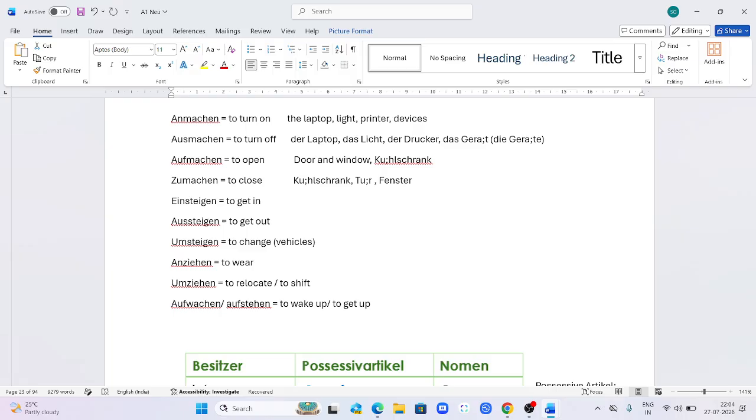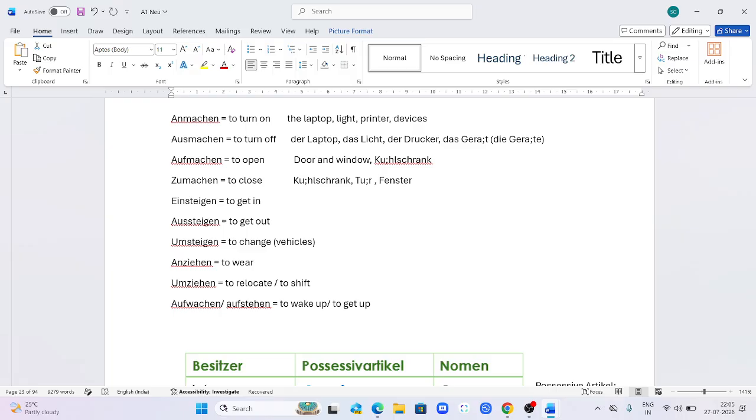Aufmachen is for opening doors and windows. Only doors and windows. Open, aufmachen. Close, zumachen. And then with steigen, you have three words. Einsteigen, to get inside. Aussteigen, to get outside of the vehicle. To get inside the vehicle is called einsteigen. To get out of the vehicle is called aussteigen.